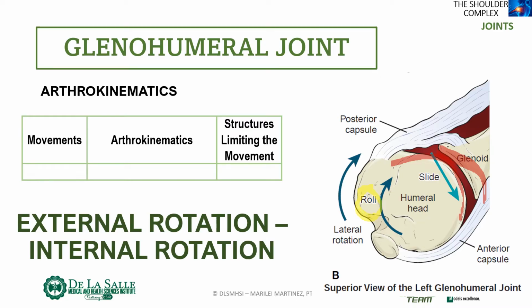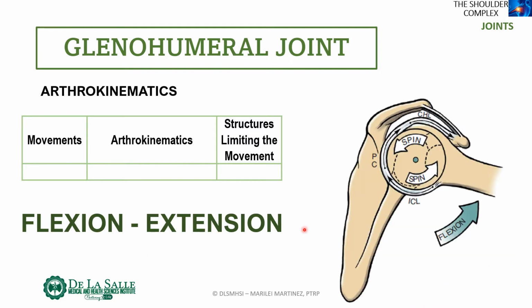So external rotation, closed kinematic chain, concave glenoid fossa of scapula rolls posteriorly and slides posteriorly as well against the convex head of the humerus. Then for the internal rotation, concave glenoid fossa of the scapula rolls and slides anteriorly against the convex head of the humerus. For the flexion and extension, this is actually different.